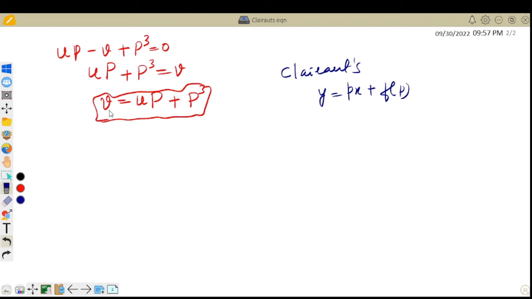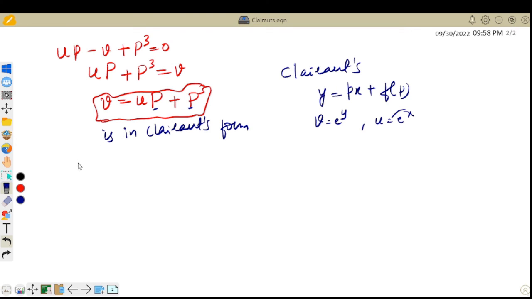Here, v means e raised to y, so v is the function of y, and u is the function of x. So v is equal to u into capital P plus P cube is in Clairaut's form.